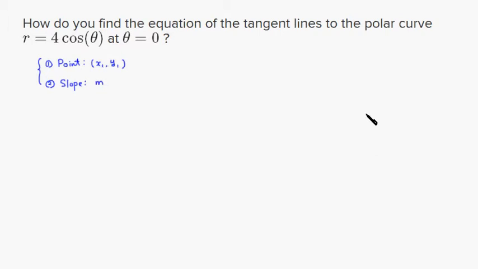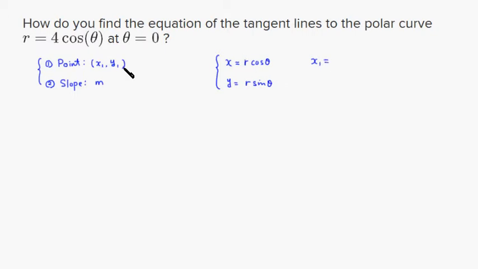Since we're using polar coordinates, x is going to be r times cosine of theta, and y is going to be r times sine of theta. So when theta equals 0, let's find x1.